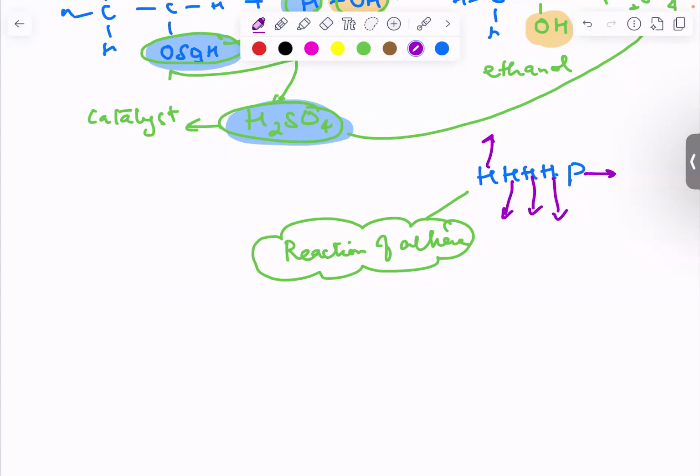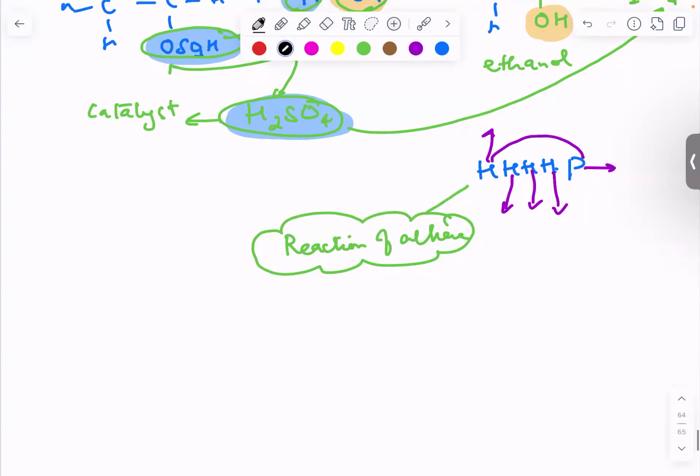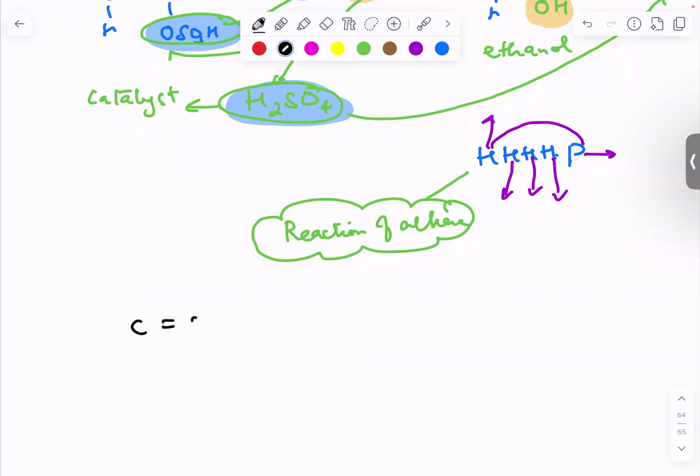However, hydrogenation and polymerization can be grouped together, because when hydrogen gas is passed through alkene in the presence of nickel catalyst, and a temperature of 150 to 250 degrees centigrade, we are going to get H single bond H. So I'll write H2 as HH.